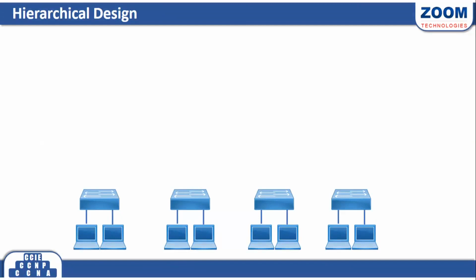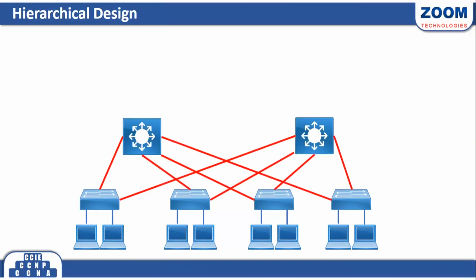So access layer switches are generally used for connectivity purposes. All your end devices are connected to the access layer, and the access layer is connected to the distribution layer. In the distribution layer we can write the policies. Mostly all policies, rules and configurations are made in distribution.